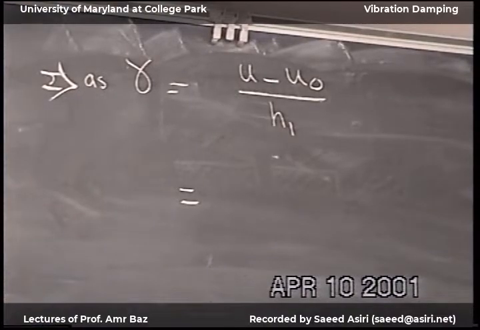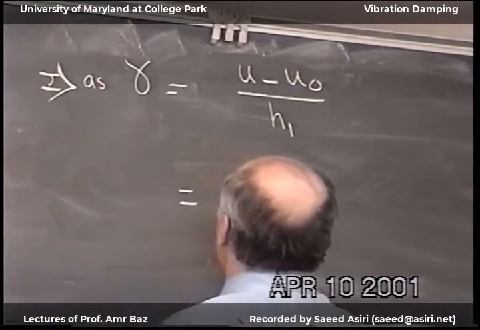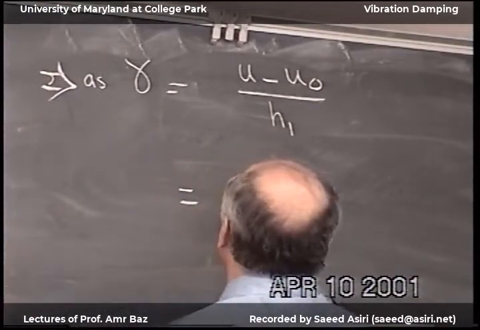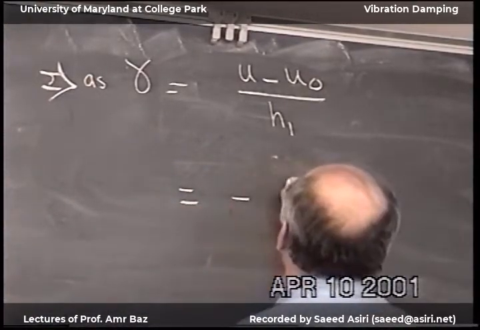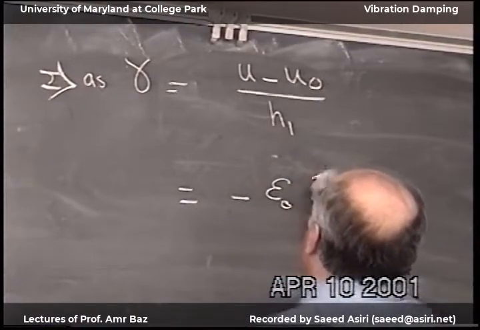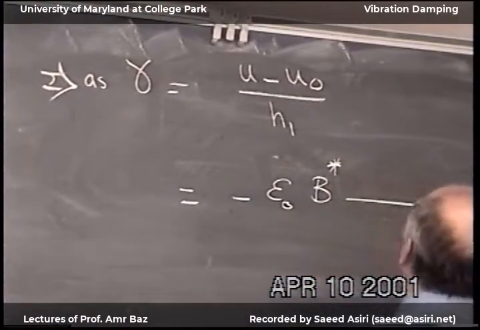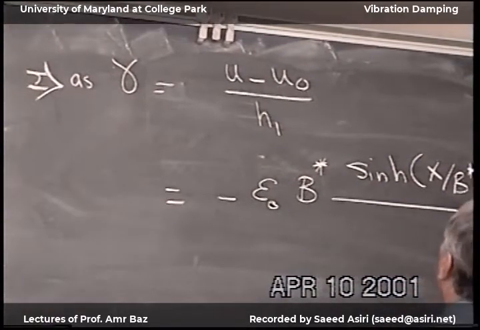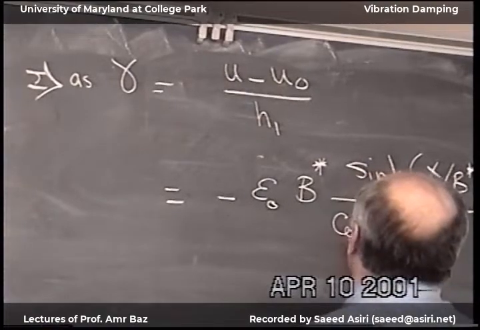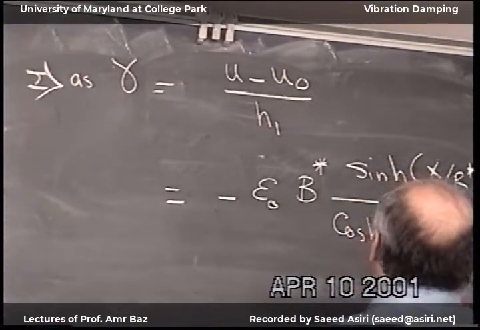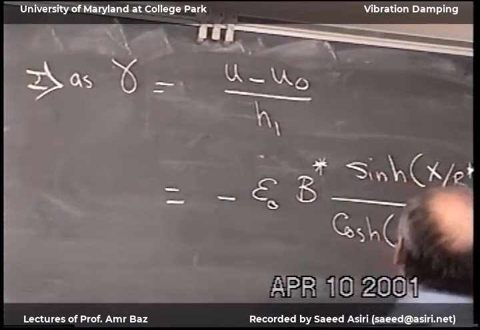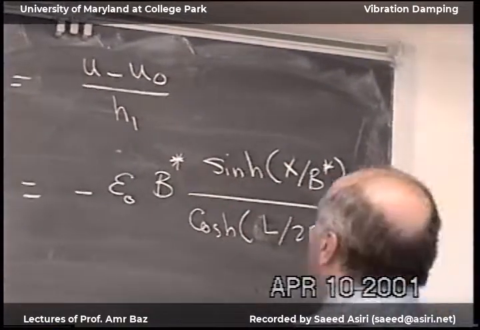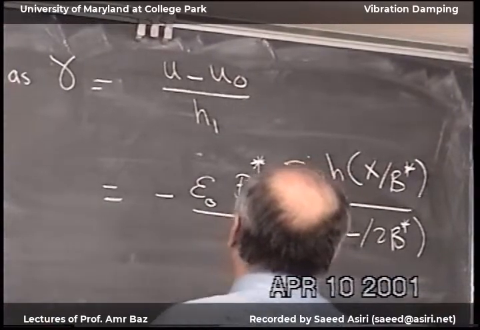This will be u0. So u minus u0 will be on the left hand side, and the right hand side is equal to minus epsilon 0 b asterisk sinh, and then the denominator is sinh. Oh, sorry. And then we divide all this by h1.